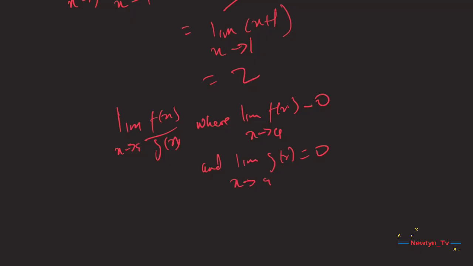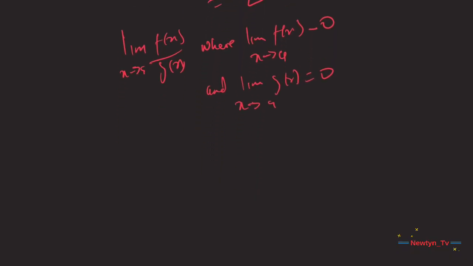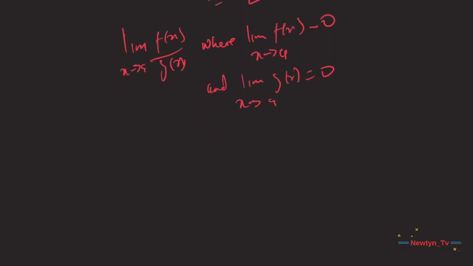Okay, so now let's look at some of the problem solving strategy for calculating the limit when f of x over g of x has the indeterminate form of 0 over 0. First of all, we need to make sure that our function has the appropriate form and cannot be evaluated immediately using the limit laws.